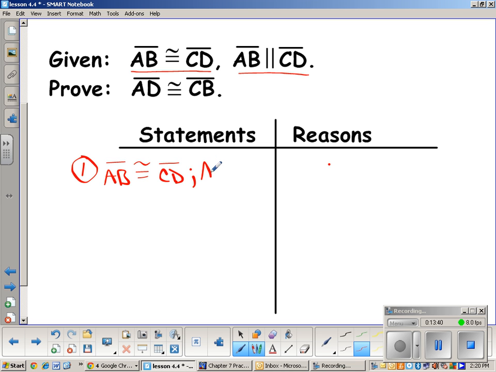So write this in. And the reason we know that's true is because it's given. See how I took advantage of that dot that was there. That's the lazy route that's acceptable. So all I'm doing is rehashing the given. I'm writing it down right there.